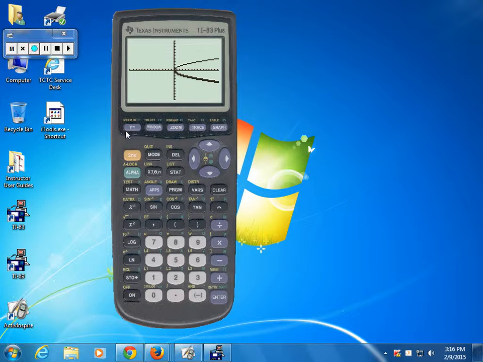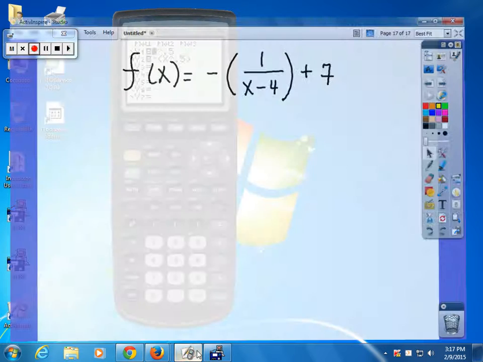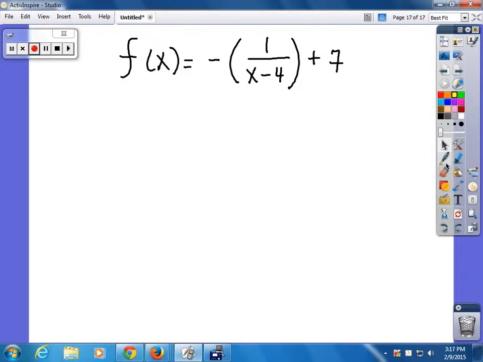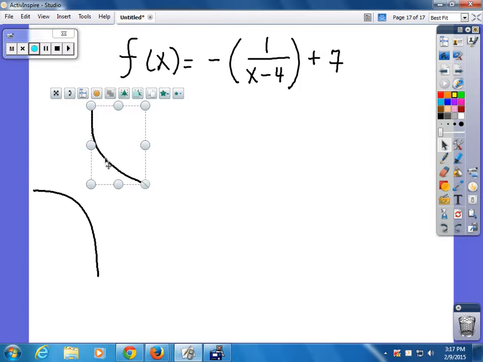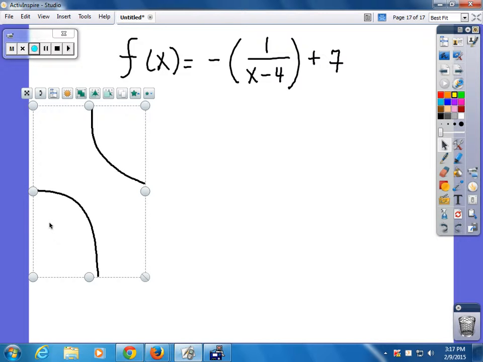Alright? So let's go back to the problem at hand, and that's this guy. Now we know that the parent graph says there's the parent graph. I'm going to copy it before I do everything else, in case I need it.